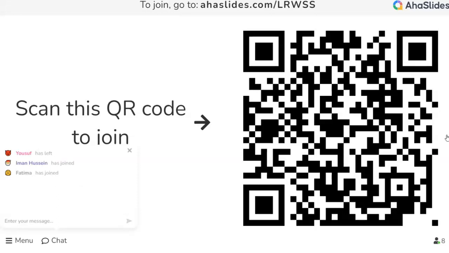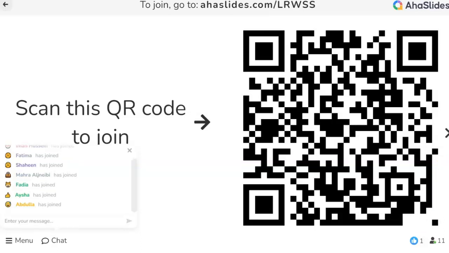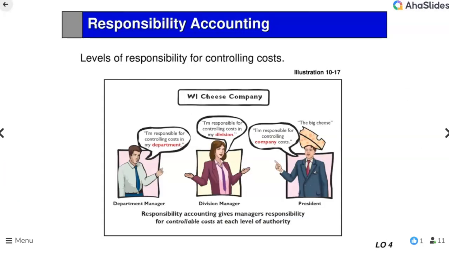Now, again, this is performance evaluation, but the first part was how we use the budget to keep control of you managers. I'm senior management. All right, you signed in. Okay, responsibility accounting. Well, if you're responsible for something, then that means you have control over something.